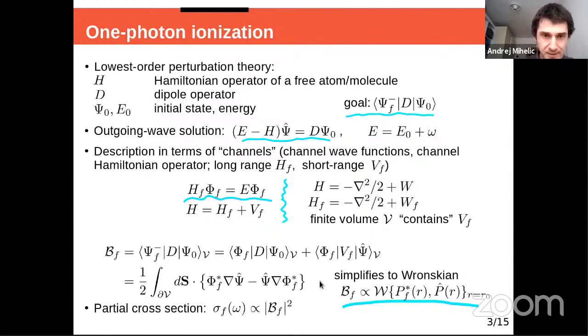Now, if this is the case, the photoionization amplitude can be written in a form of a surface integral. And this integration actually runs over the boundary of this volume. This particular form is very convenient for the calculation of the amplitudes, because it contains no explicit potential, for example. It only contains the channel wave functions and the solutions of the driven equation.